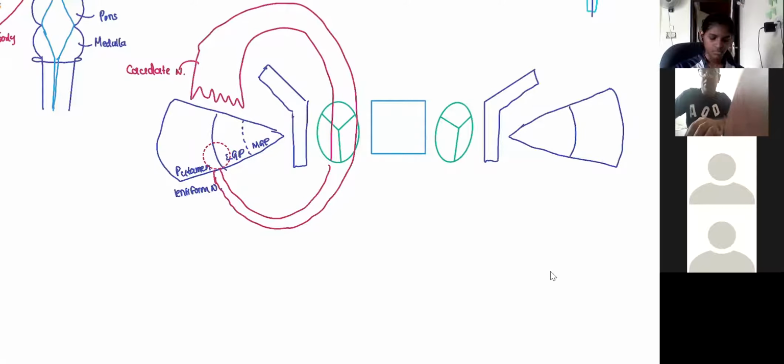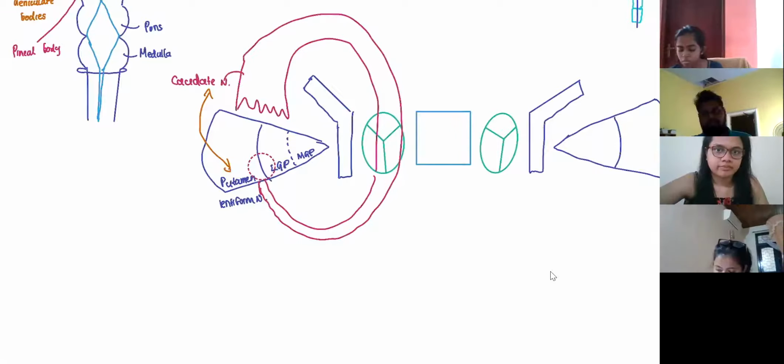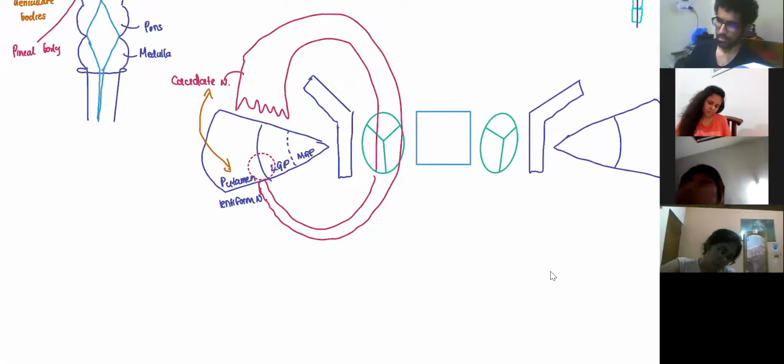Now, what are these two structures, the putamen and the caudate nucleus together, called? This was the basal ganglia lecture. Yes, it's the striatum. Not the corpus striatum.